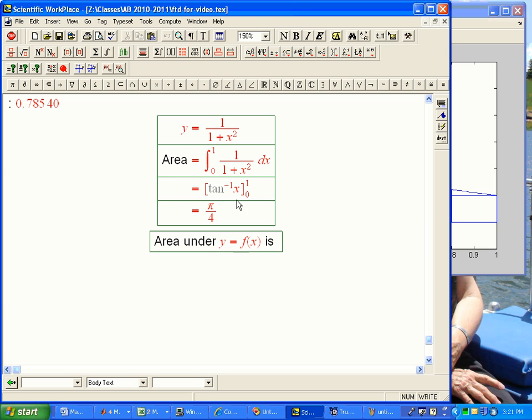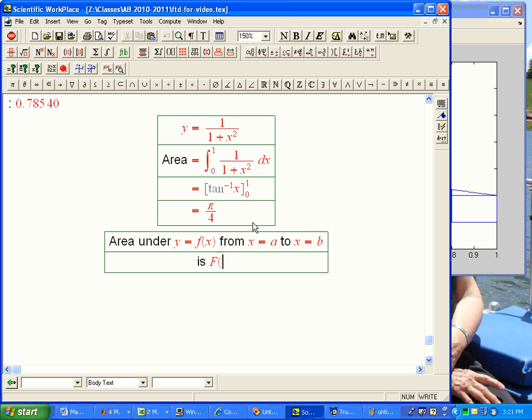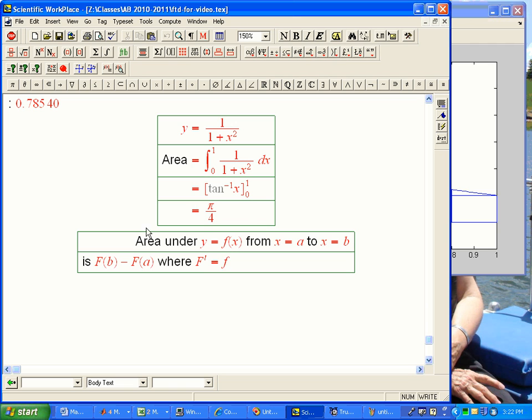If that's little f, we have a standard name for how to go from little f to big F. We call this thing big F. The area under f of x from x equals a to x equals b is F of b minus F of a, where F is any antiderivative of little f.